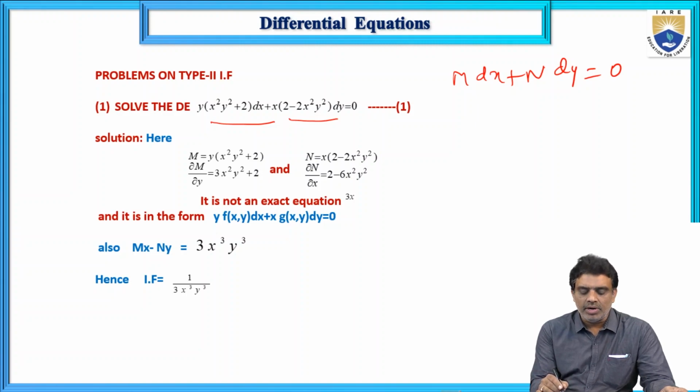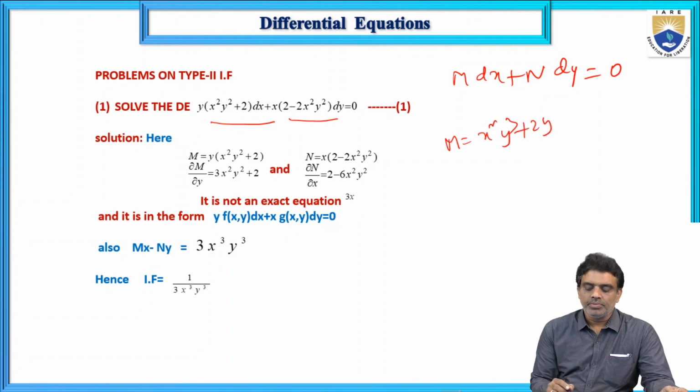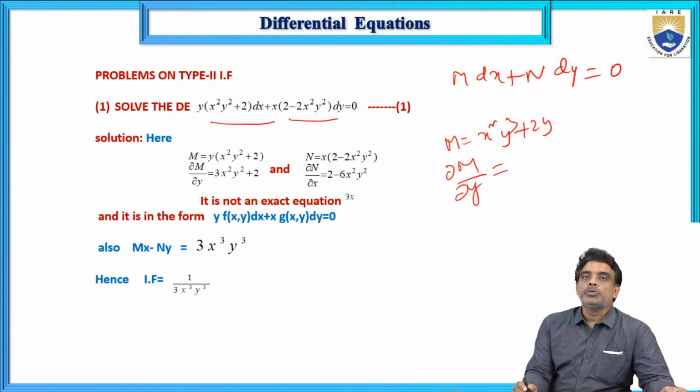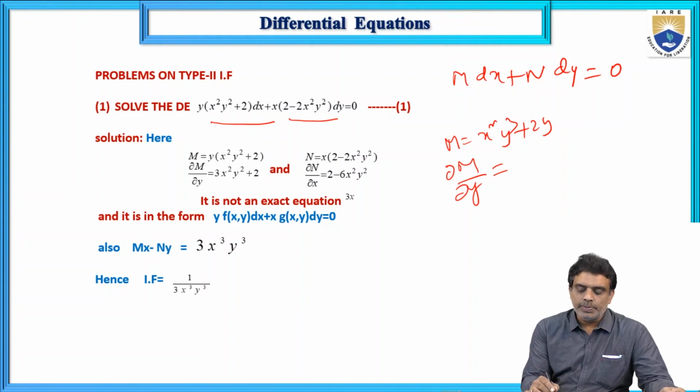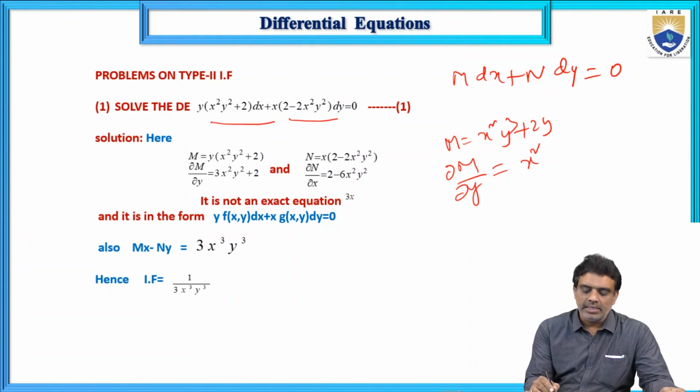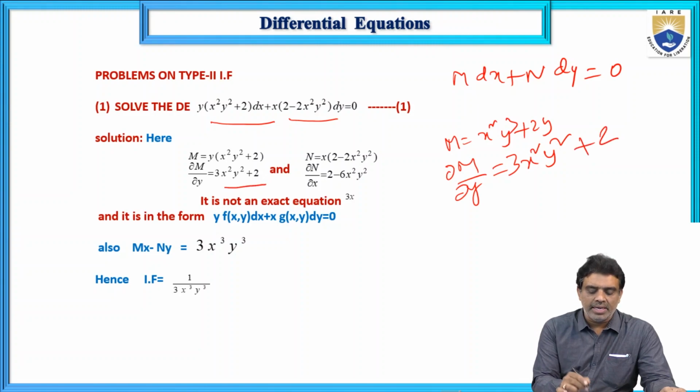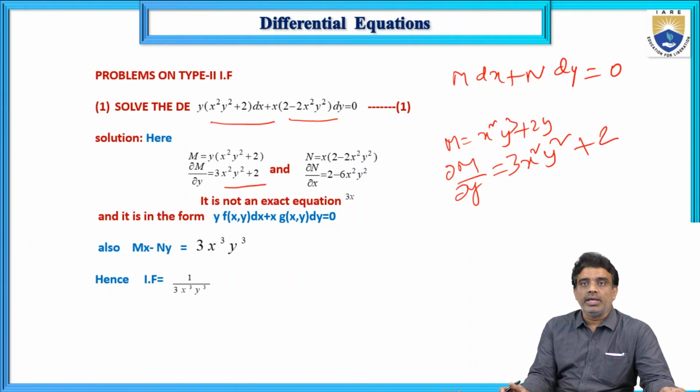M is x squared y cubed plus 2y. With respect to y, x is constant, x squared remains as it is, and the derivative of y cubed is 3y squared, plus 2. So I have written 3x squared y squared plus 2.